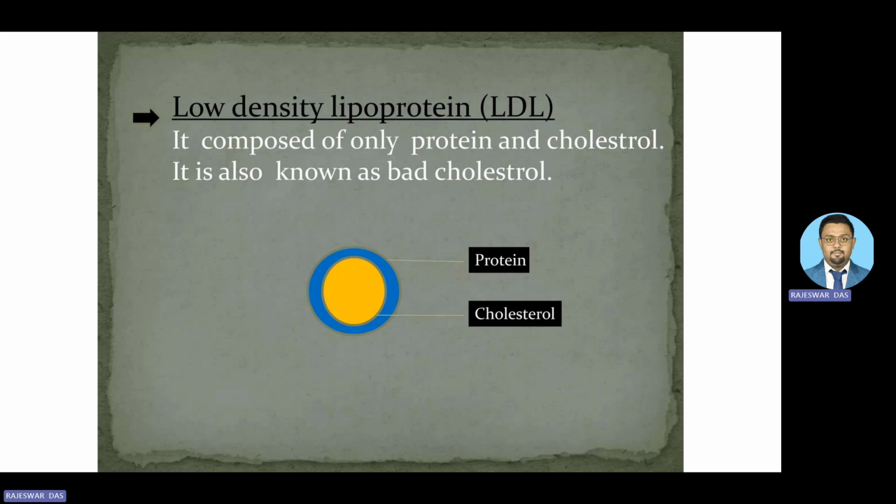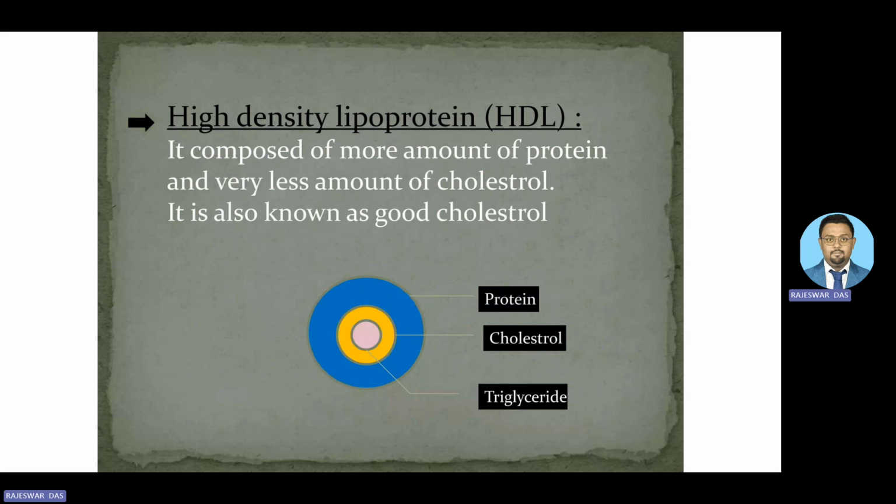In the picture, the protein is less compared to the cholesterol. Now, the HDL. It is composed of a more amount of protein and a less amount of cholesterol, and it is known as good cholesterol because in the picture, the protein part is more compared to the cholesterol and triglyceride.